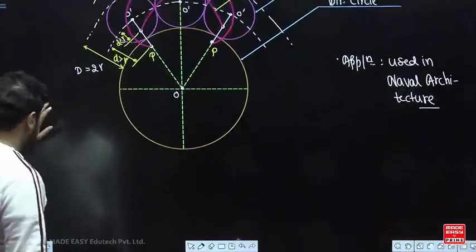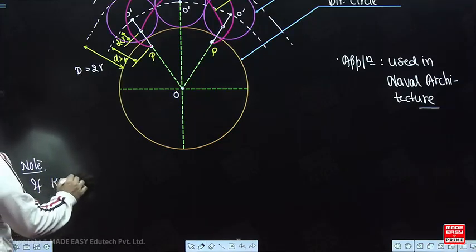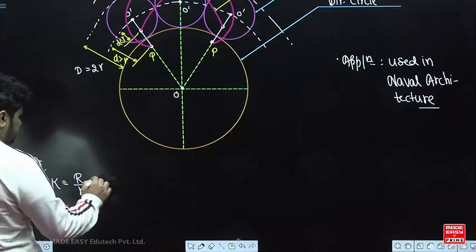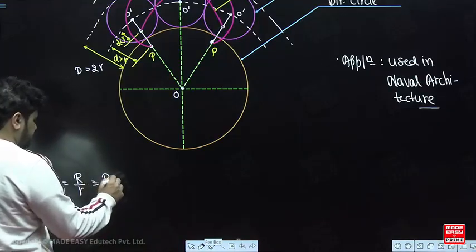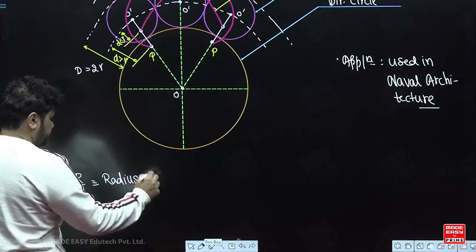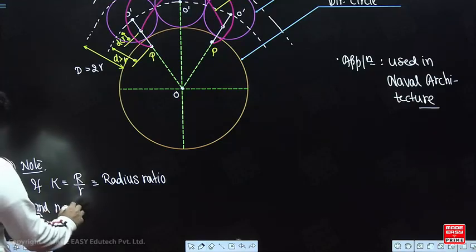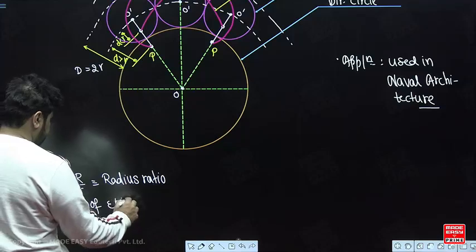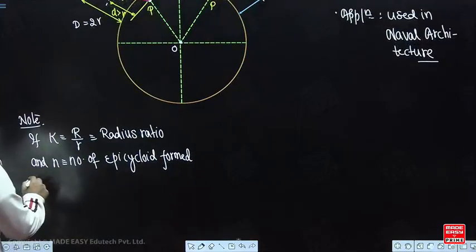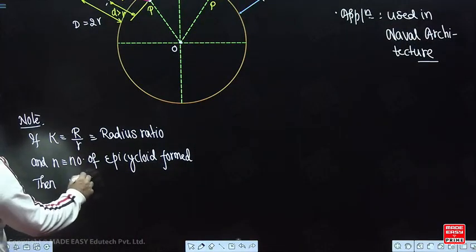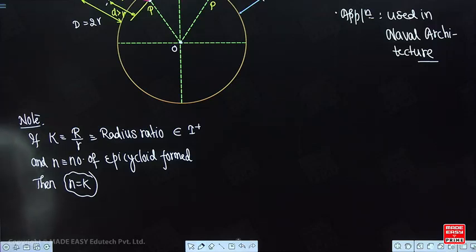So what I can say here as a note, if k is R upon r, which is called as radius ratio, and n is number of epicycloid formed, then n is equal to k, provided it belongs to positive integer, correct? So radius ratio should be integer.